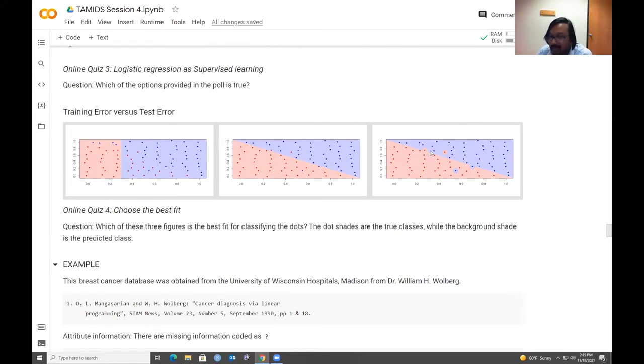Which is why on the right-hand side, even though it fits the training data very well, it's not the best idea to do this because it's going to suffer in predictive performance.